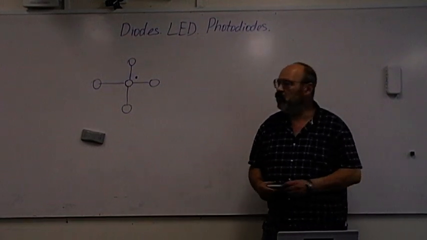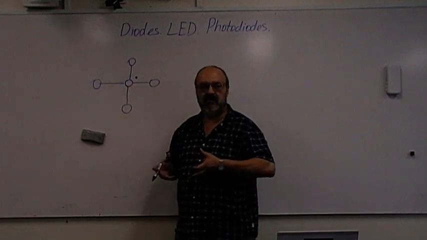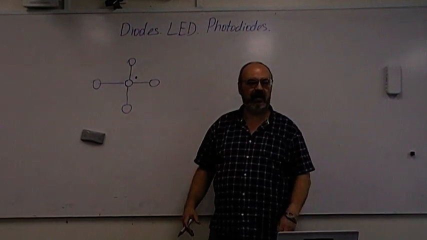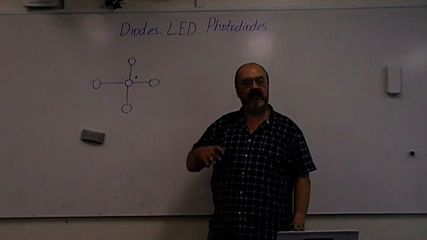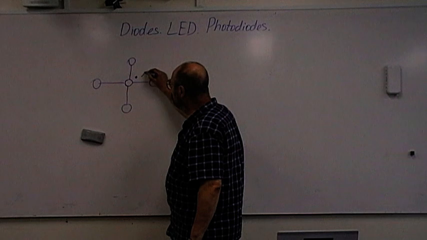In this way, as many atoms of the element with 5 outer electrons as we add, that many free electrons we will get.